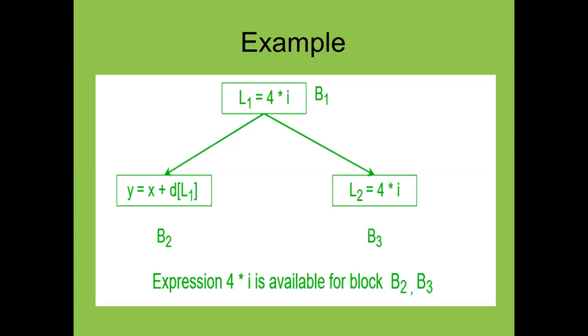Now we can say 4 star I is available for blocks B2 and B3, because in B2 we are using dl1 in x plus dl1. So it is available in B2 and also in B3.